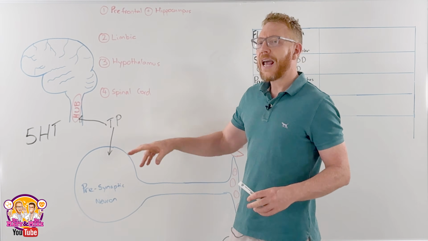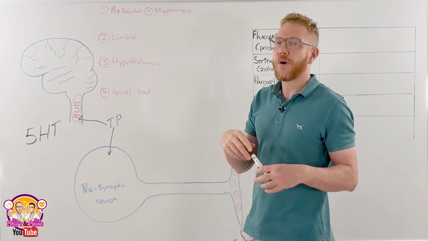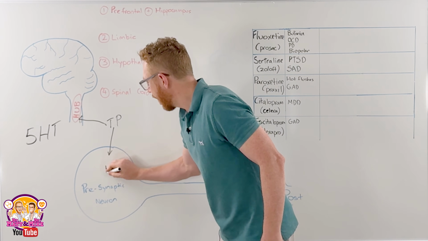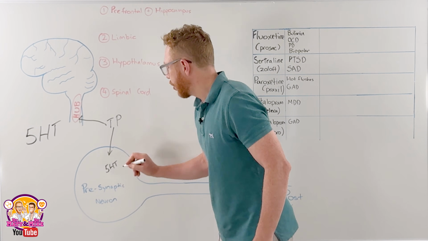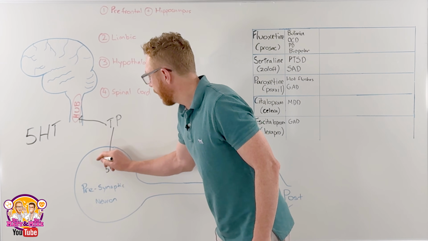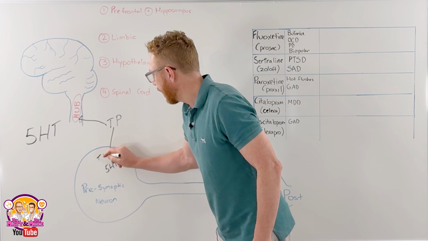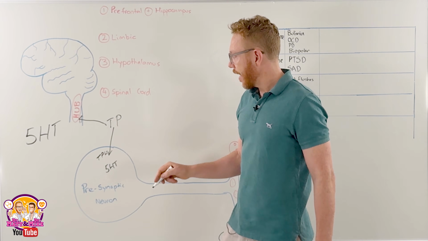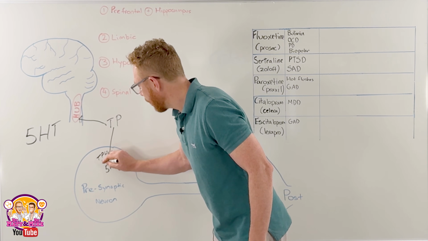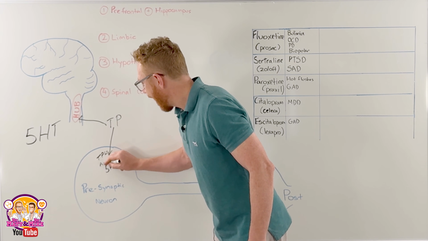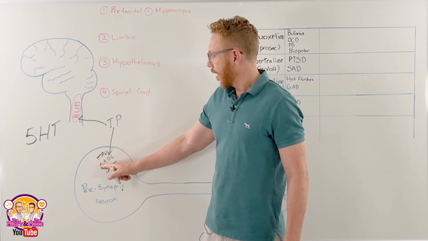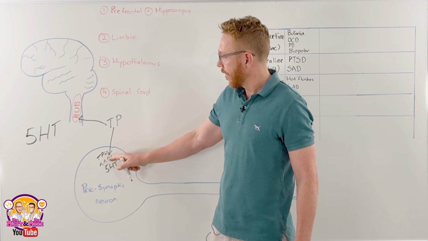Now, tryptophan has to be modified in 2 steps by 2 enzymes into serotonin, which I'll just call 5-HT. And the 2 enzymes are going to be TPH, tryptophan hydroxylase, and the second one is AADC, which is aromatic amino acid decarboxylase.